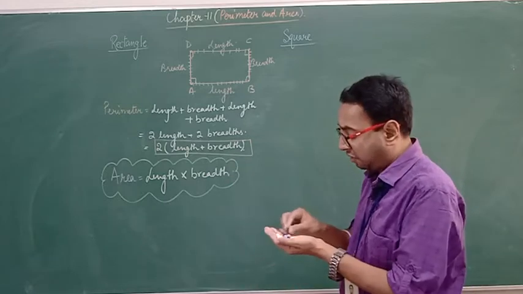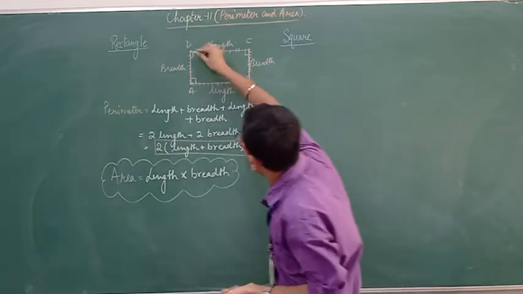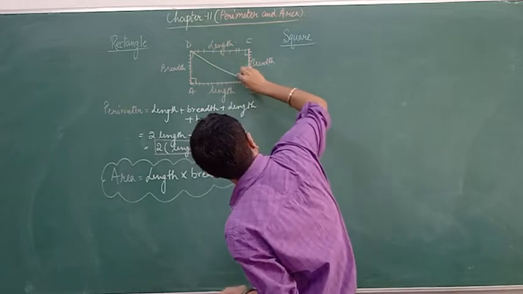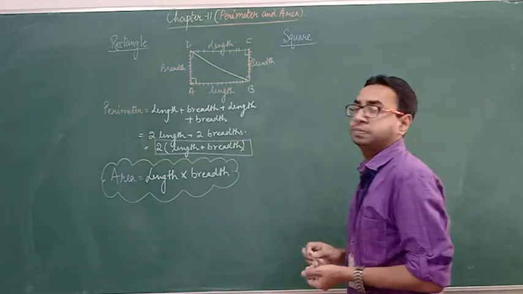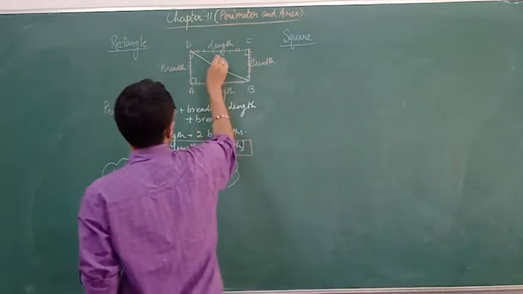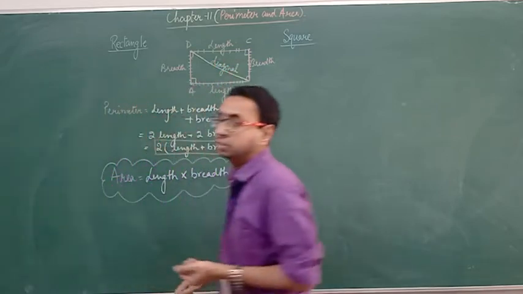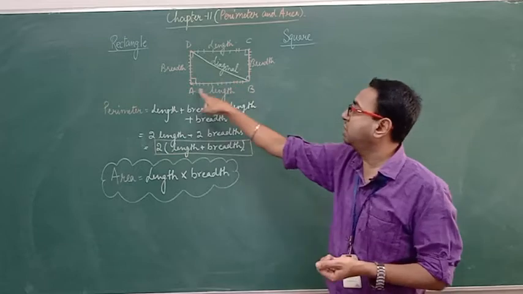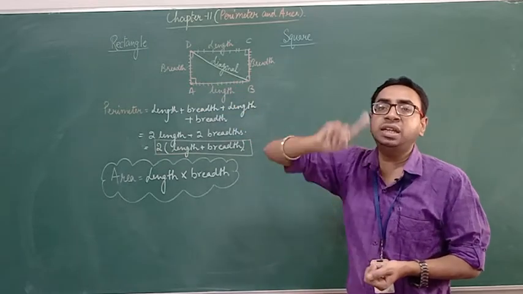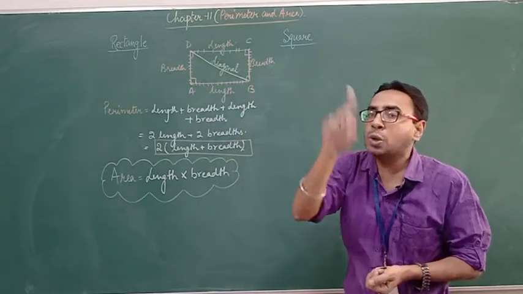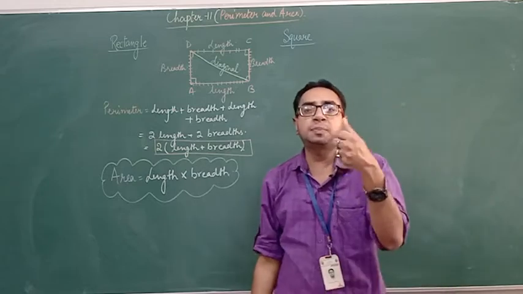Next, we are having diagonal. If I talk about this diagonal, it is the longest side in the figure. How to find diagonal? What do you see? You see a triangle, you see 90 degrees. The moment you see a 90 degree triangle, which theorem do we apply? Yes, Pythagoras theorem.